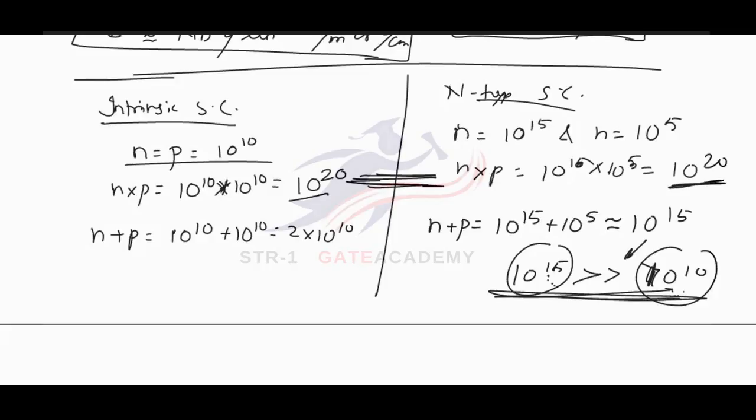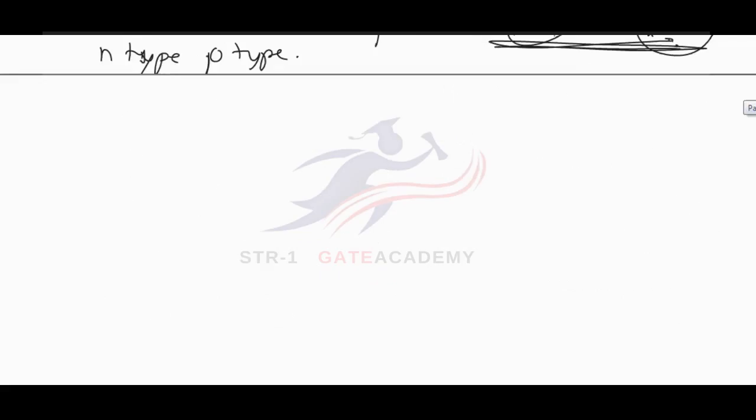So I can conclude that the total number of charge carriers in extrinsic semiconductor, n-type or p-type, is far greater than the total number of charge carriers in intrinsic semiconductor. So with increase in temperature, more number of charge carriers will be generated, and already we have seen that the charge carrier concentration is very large in extrinsic semiconductor.